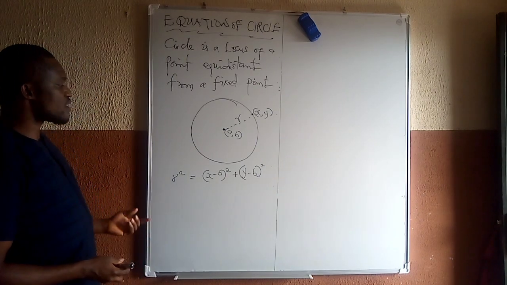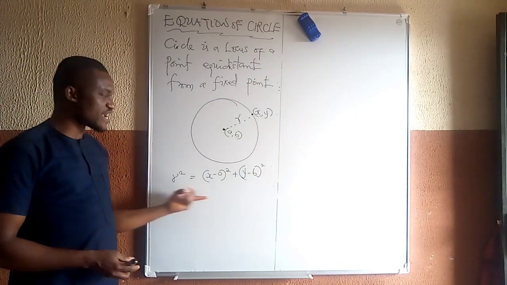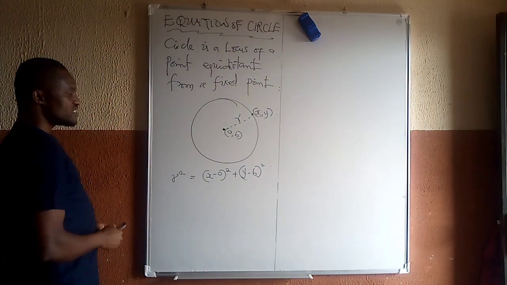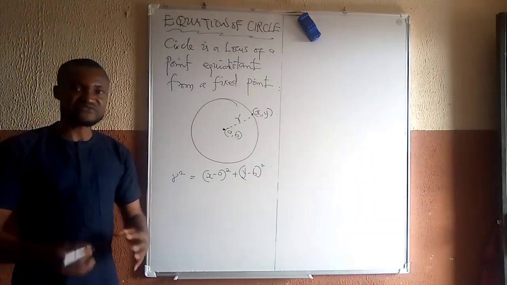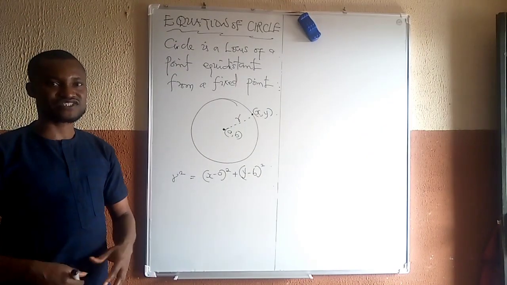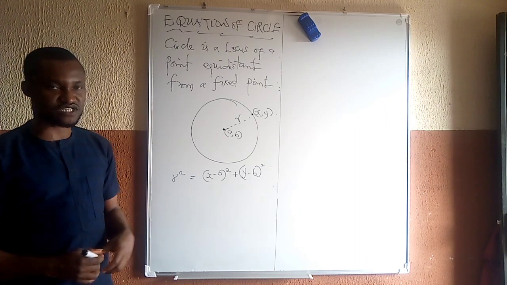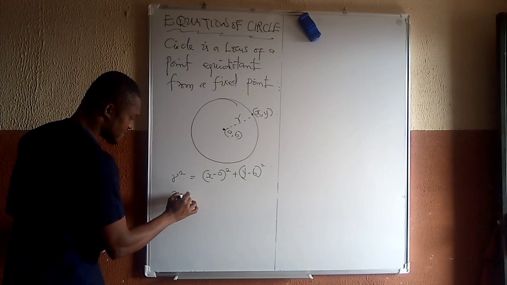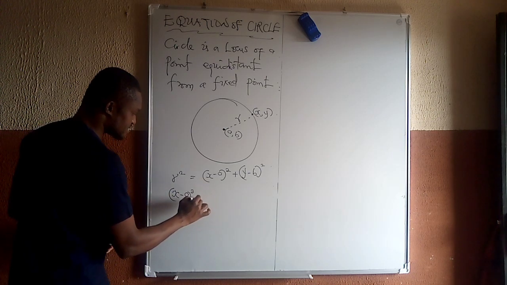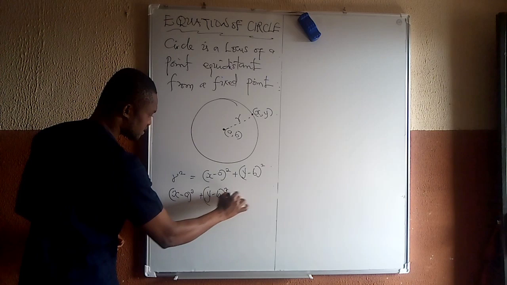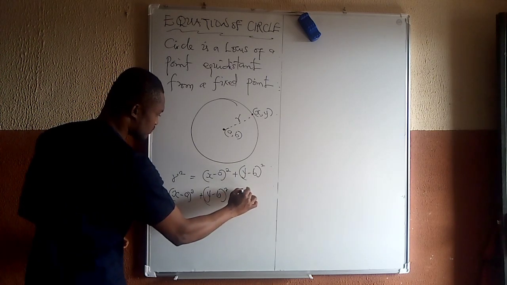So from the distance formula we have this very equation. Hence, if you are to have the equation of a circle, this is exactly what we call the standard equation of a circle. So we write (x minus a) squared plus (y minus b) squared equals r squared.